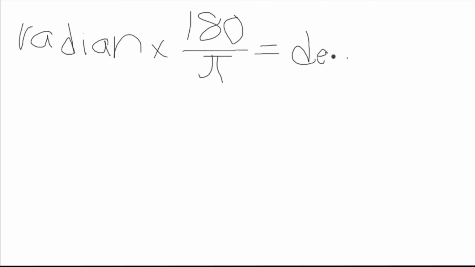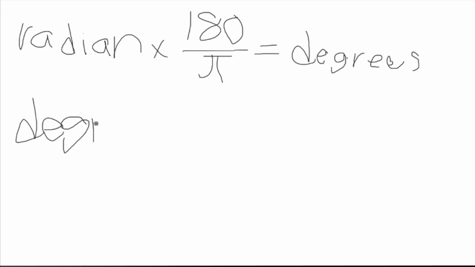Pretty simple. And converting back is also pretty simple. It just needs to change one thing, the degrees. So now converting into radians. Let's say we input degrees.